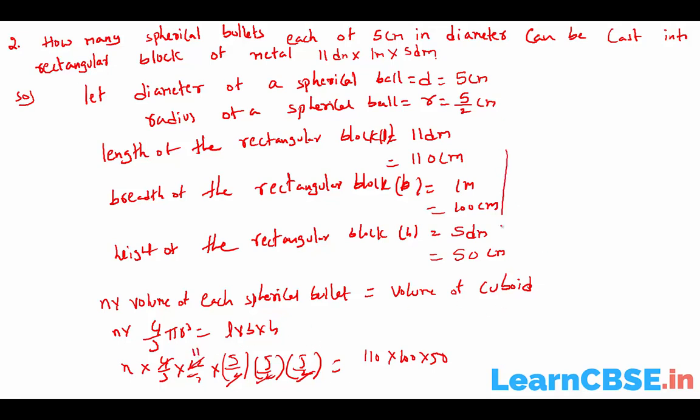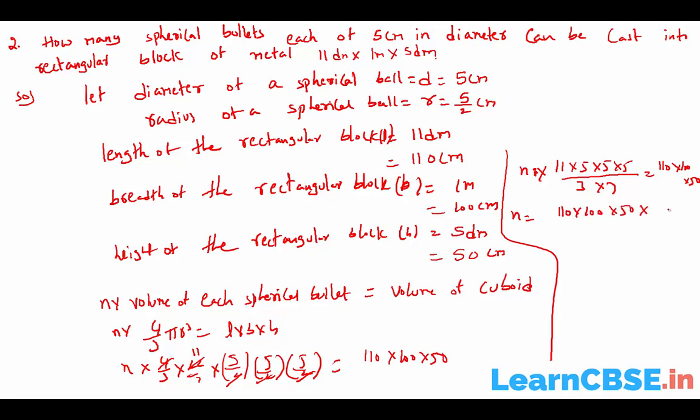Now n into 11 into 5 into 5 into 5 by 3 into 7 equals 110 into 100 into 50. Then n equals 110 into 100 into 50 into 3 into 7 divided by 11 into 5 into 5 into 5.